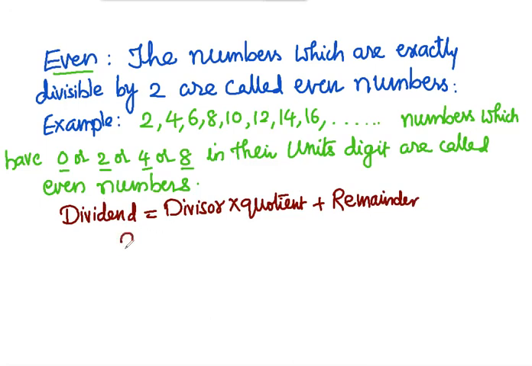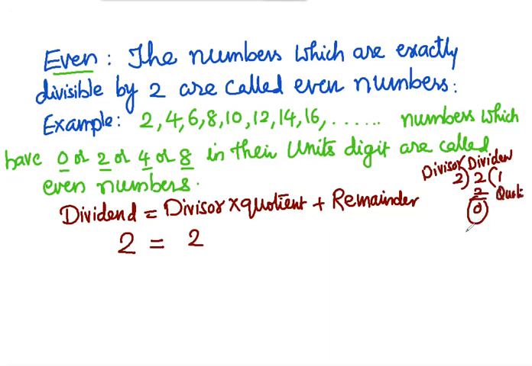If we take 2 and divide it by 2, we already know this: 2 ones are 2, here 0 is the remainder. This is called the dividend. This is called the divisor, which divides. What we got is the quotient. The last one, 0, is the remainder. So 2 equals divisor 2 into quotient 1 plus remainder 0.